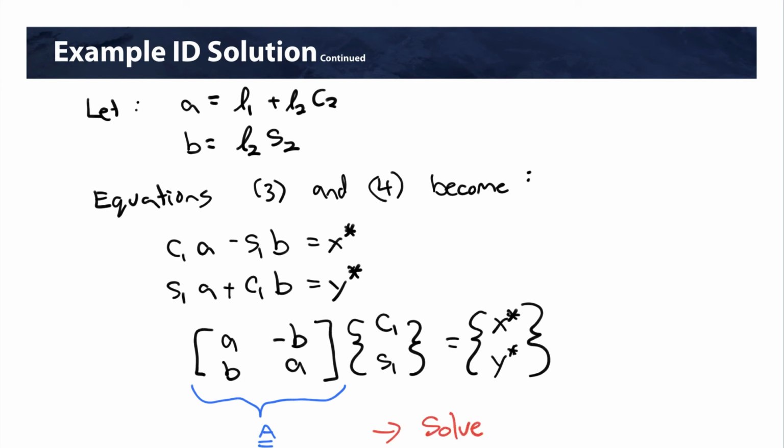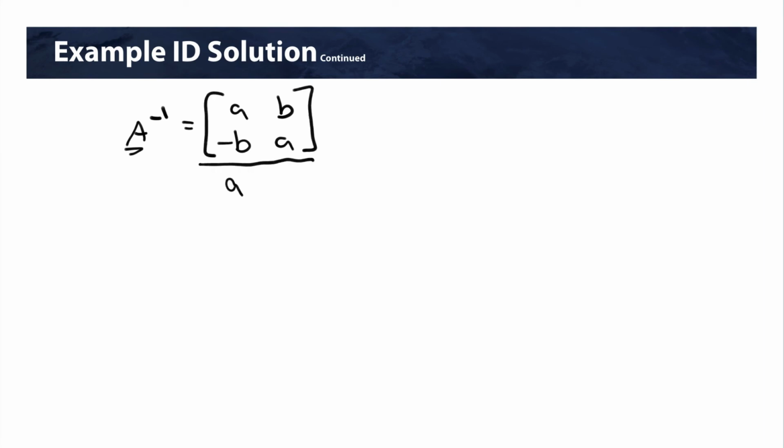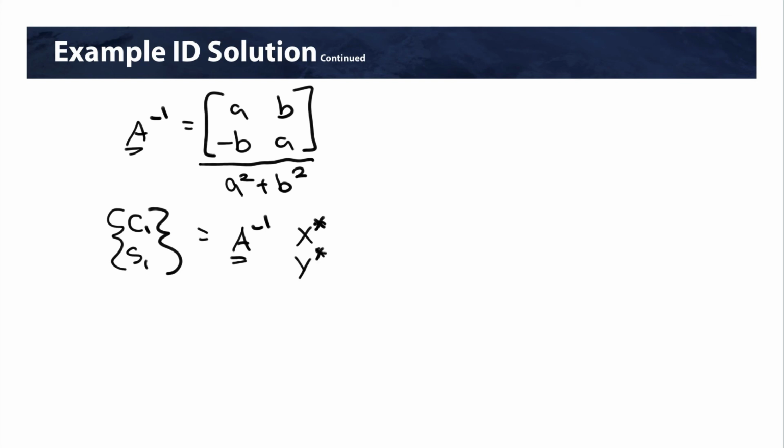We can take the inverse of matrix A. A inverse is simply going to be the matrix with rows A, B and minus B, A, all over A squared plus B squared. So we know that C1, S1 is going to be A inverse times x star, y star.